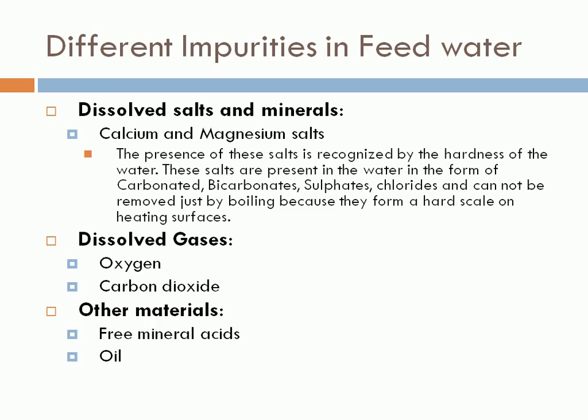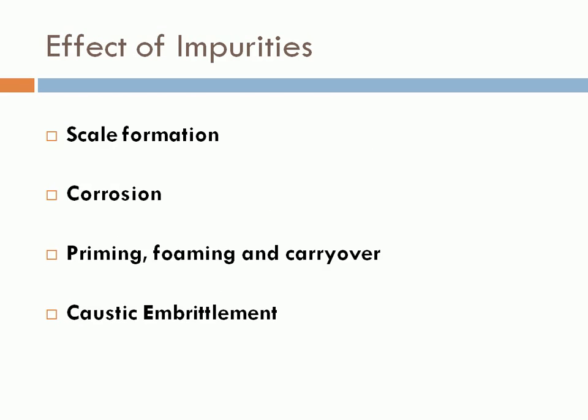Then dissolved gases like oxygen and carbon dioxide, other free minerals, acids and oils, etc. So these are the different impurities in the feed waters. Now these impurities will affect.